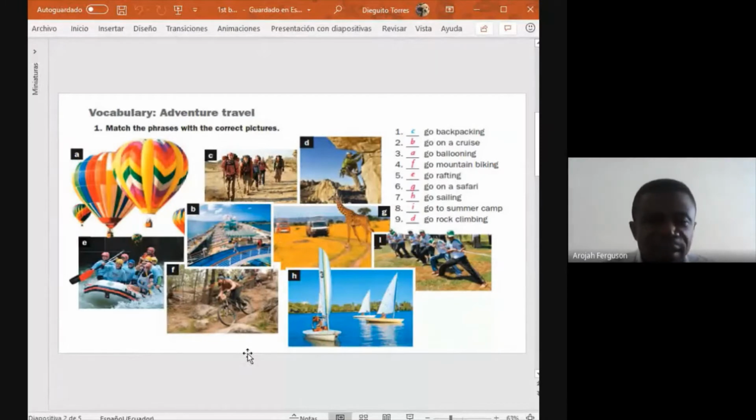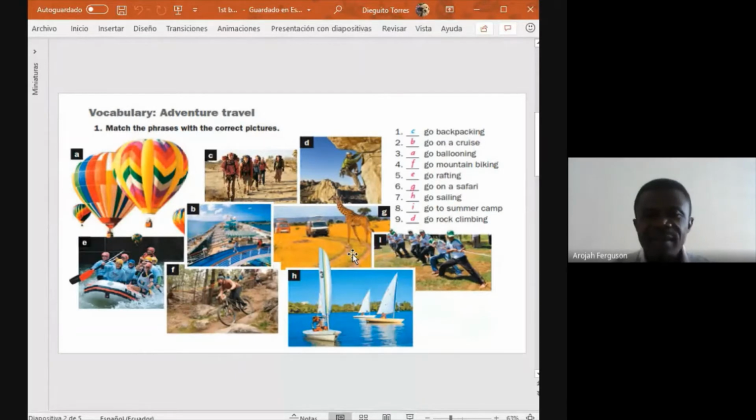Then there is picture G. You have a picture of a desert with an animal and some vehicles in the background. And that one is a safari.